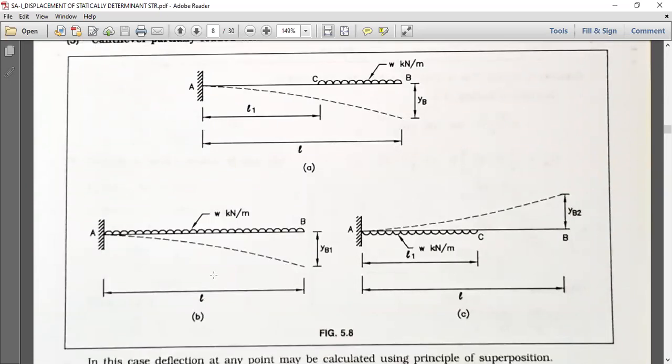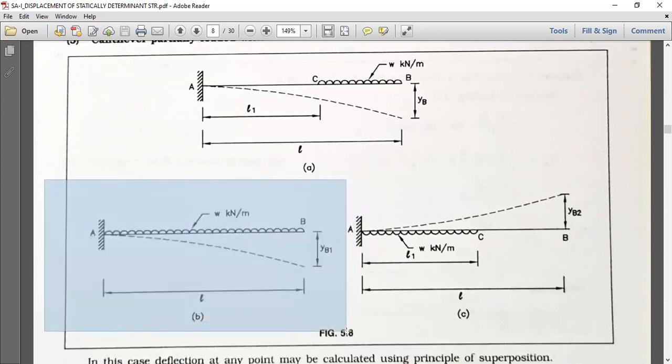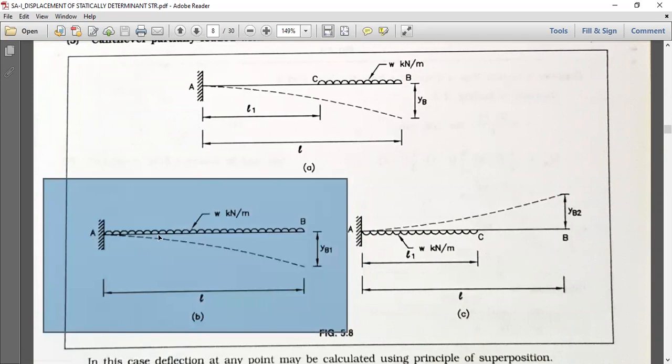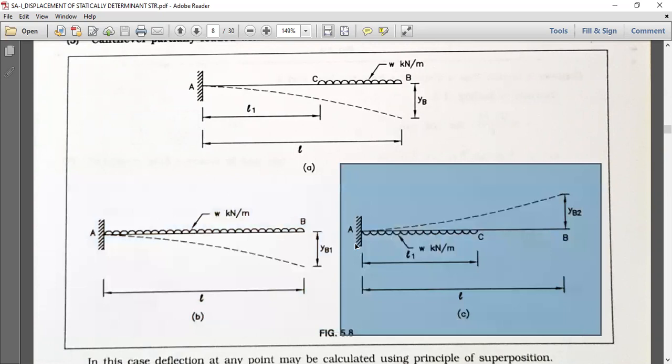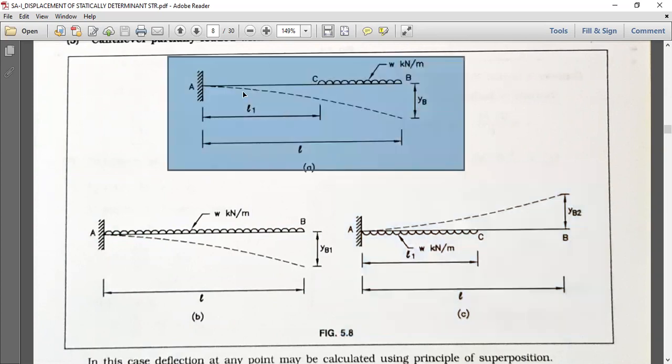In this case, we have both types of examples solved. First, a cantilever beam with total UDL applicable, and another one is a cantilever beam where half of the UDL is applicable. We have to find this kind of equation.